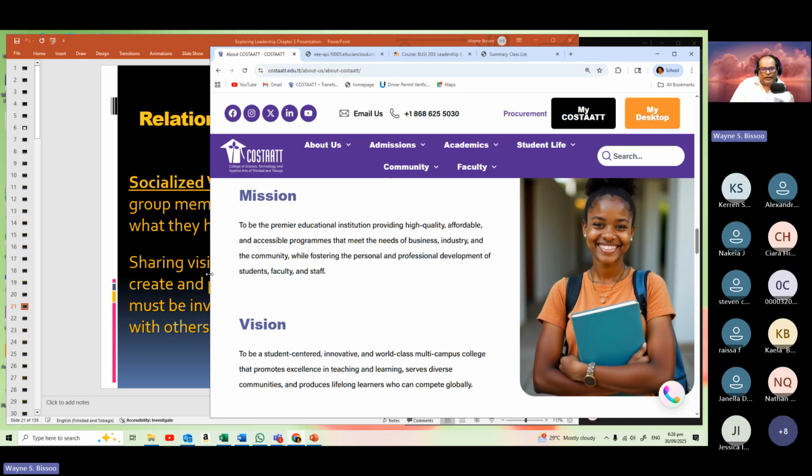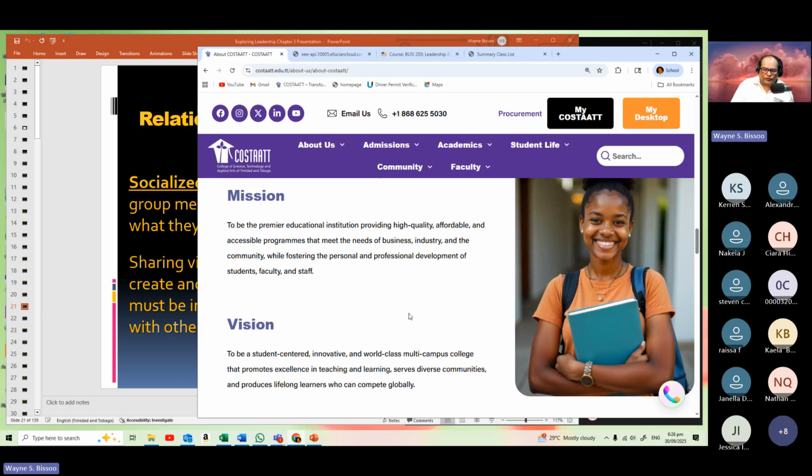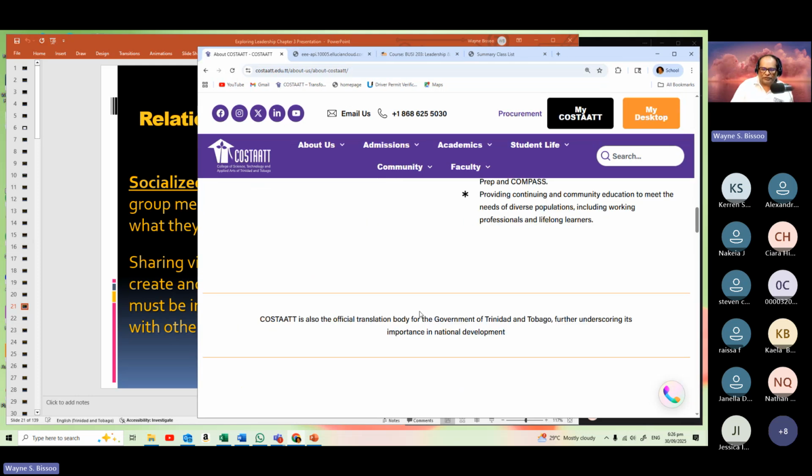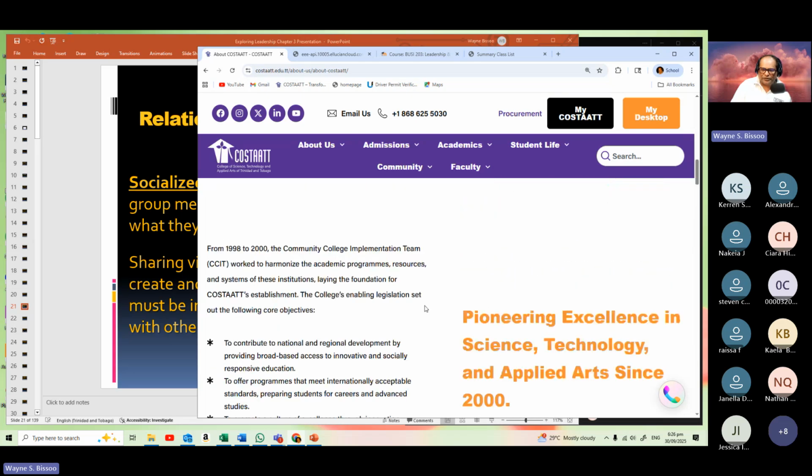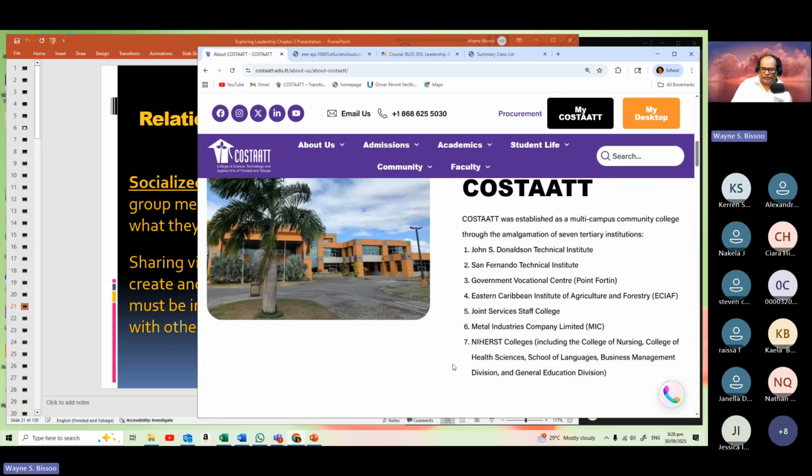And what ended up happening is that UTT came on board, and a lot of these institutions that were previously part of the whole thrust moving forward, divisions out of John Donaldson Technical, San Fernando Tech, GVC, some of Eastern, well, all of ECIAF, and Joint Services, and the MIC, they went off on separate journeys into the UTT campuses or the University of Trinidad and Tobago.